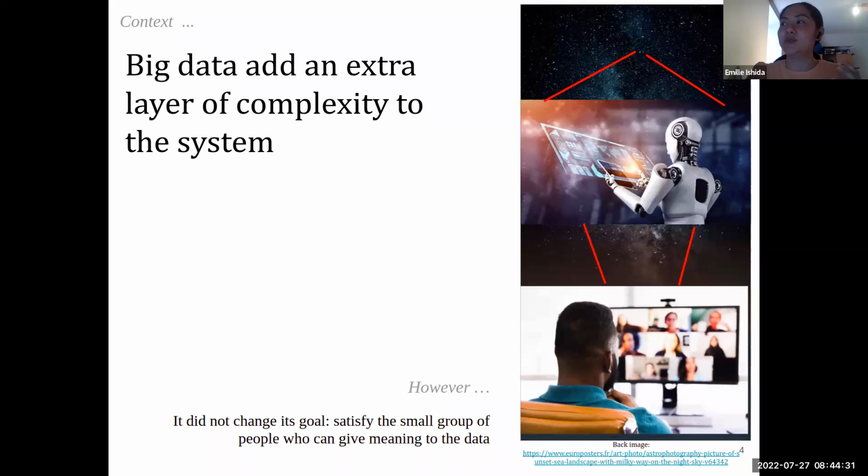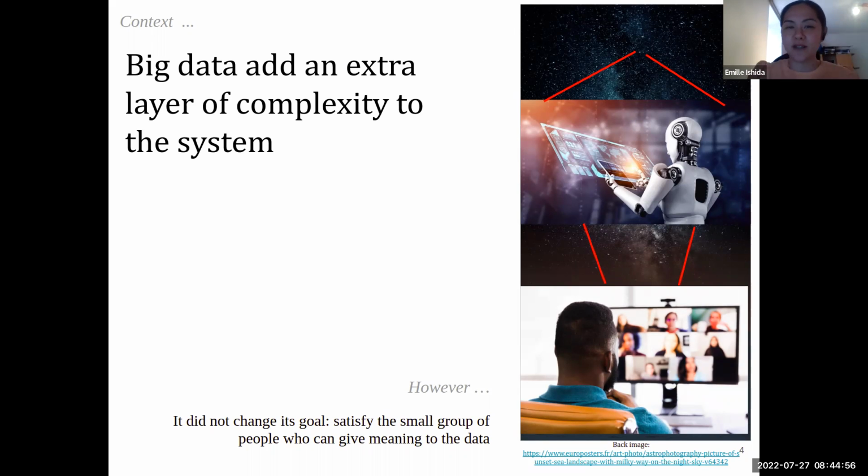This data needs to go through a machine that will filter the data for us before we can actually look at it ourselves, because there is too much data. So this first step changed, because now it's not a direct relationship between ourselves and the data. It is necessary to have a machine in the middle of this.